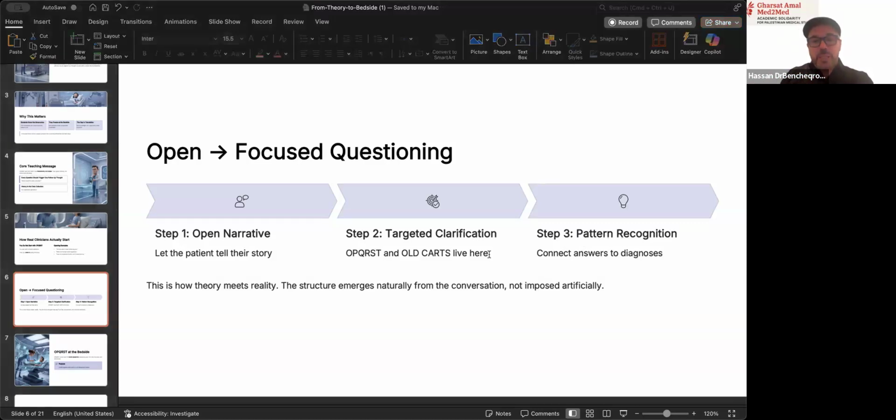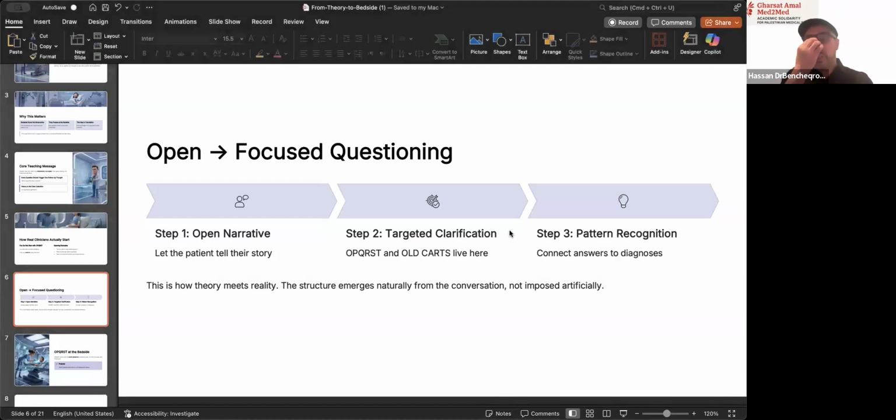Then step 3 is actually pattern recognition. Pattern recognition means that you are looking at what comes the same, what is repetitively the same.